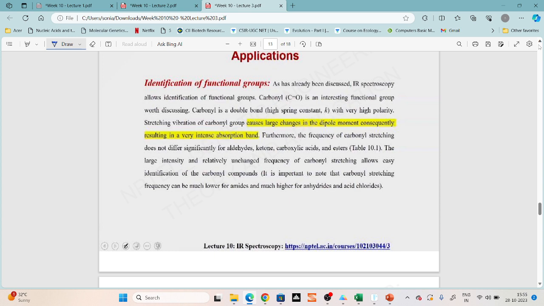First of all, whether there is a change in the dipole moment or not. If there is no change in the dipole moment, that means the molecule is a homonuclear diatomic molecule. So likewise, in various ways you can deduce whether there is a change in the dipole moment or not, and therefore you can determine the functional groups.